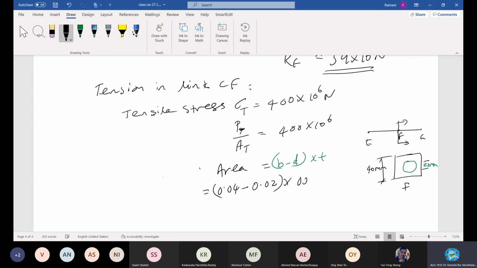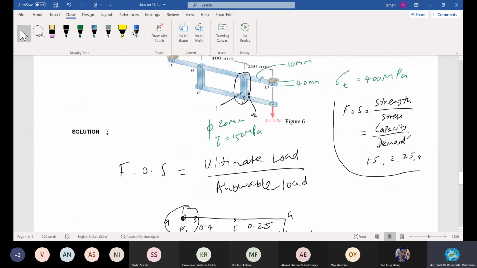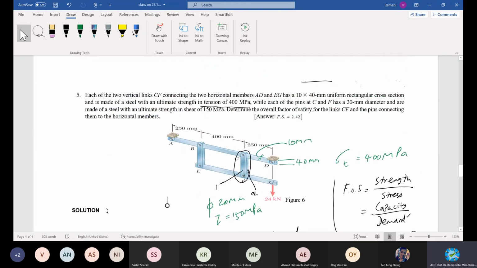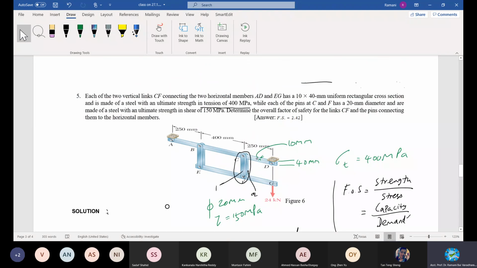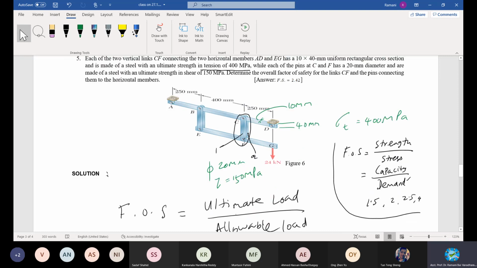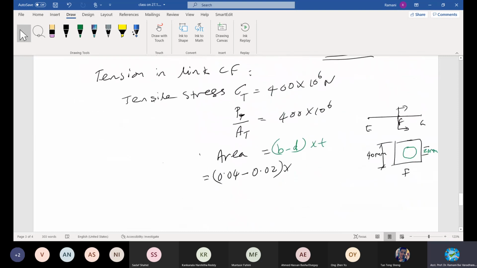How much is the thickness? We go back, you can check. This thickness, 0.01. Take one link.